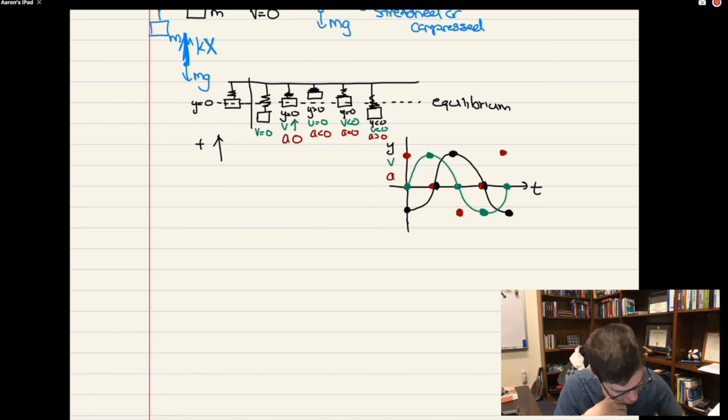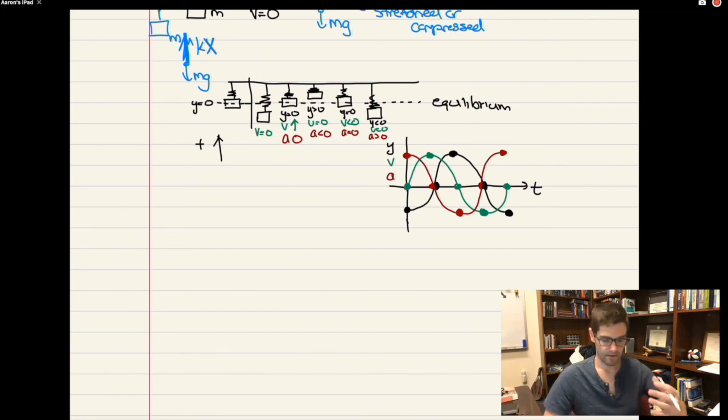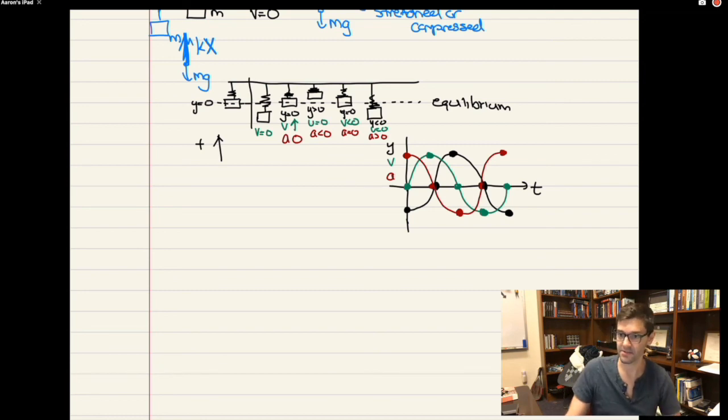The acceleration would start at the top, would come down, keep going, turn around, and then come back up, like that. This is an element of periodic motion, particularly oscillatory motion, motion that repeats itself over and over and over again.